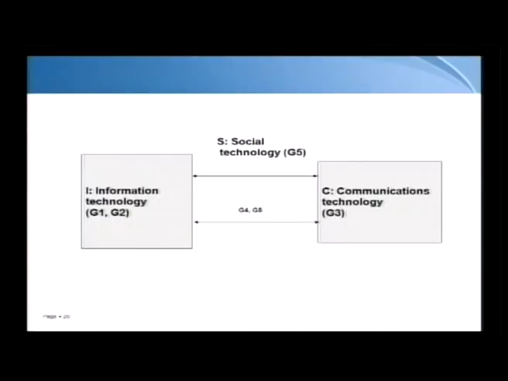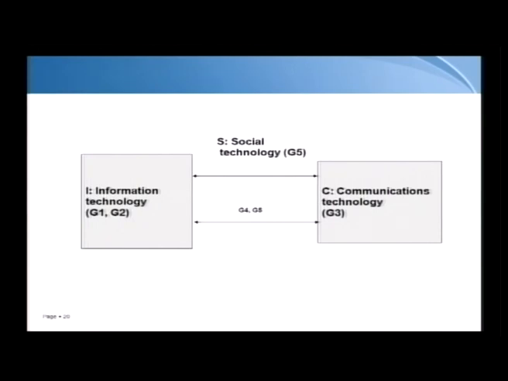So, friends, all these four can be used within the classroom in face-to-face teaching. They could also equally, and in fact are extremely essential in, an online teaching-learning context. What you see on your screen, on the left-hand side, is information technology. This was generation 1 or generation 2.